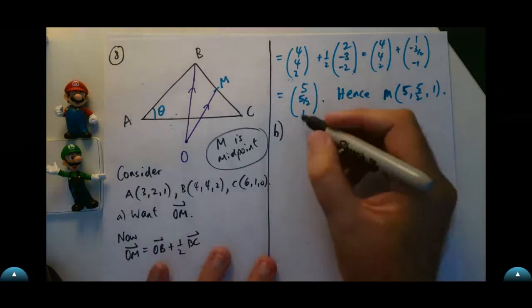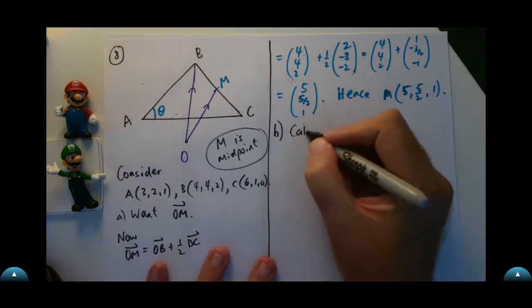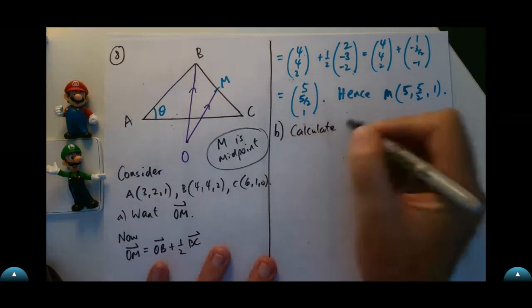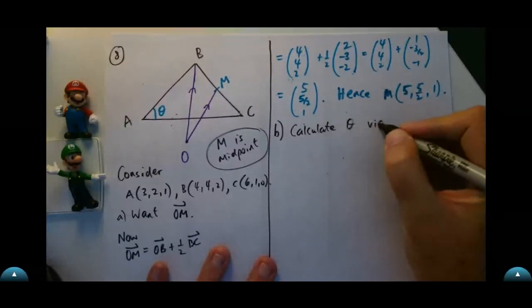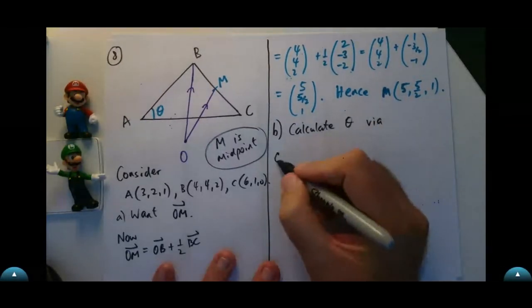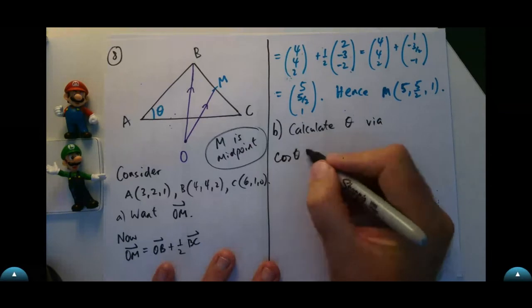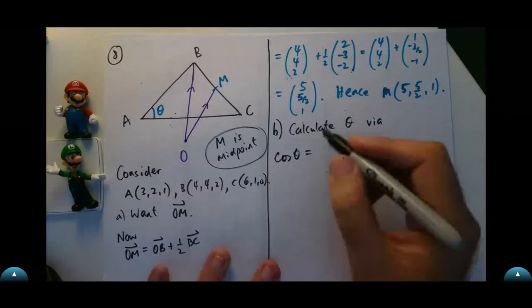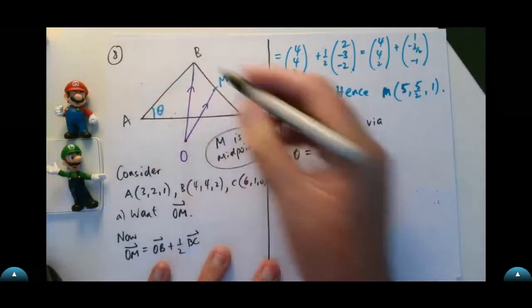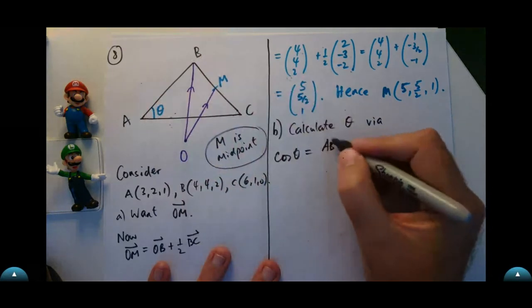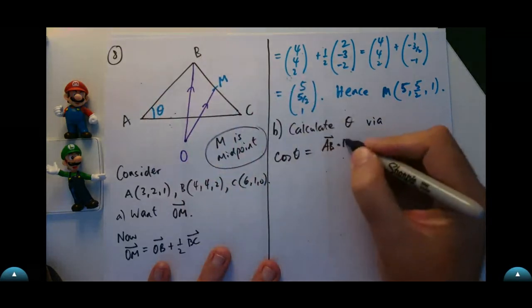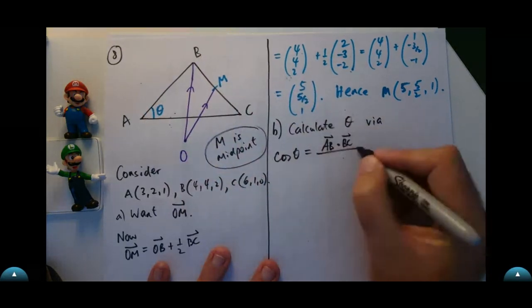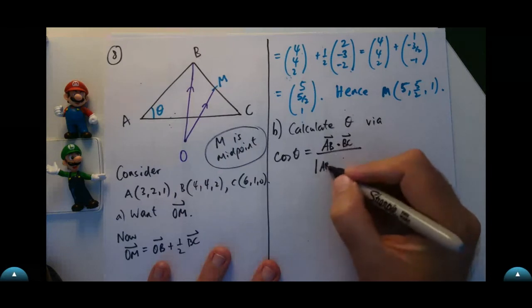Okay, so you know that cosine of theta equals the dot product of the two vectors divided by the product of their lengths.